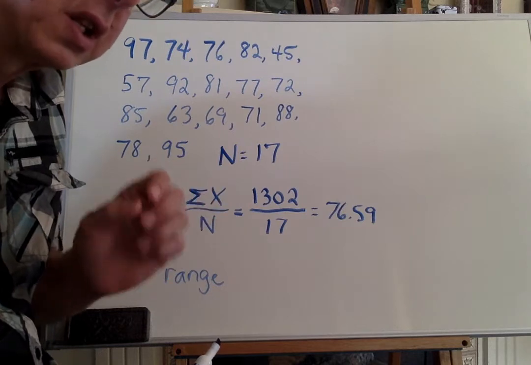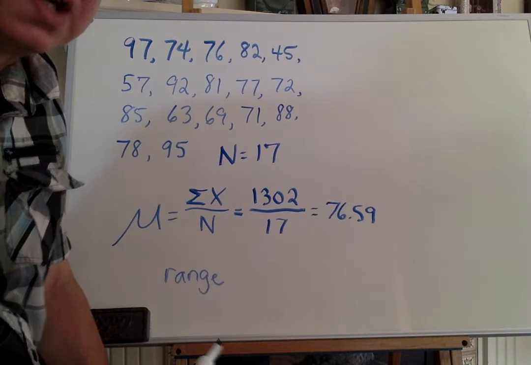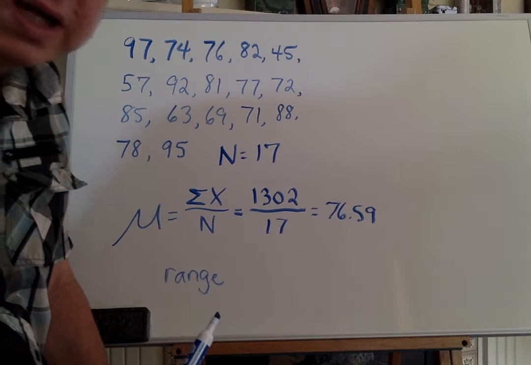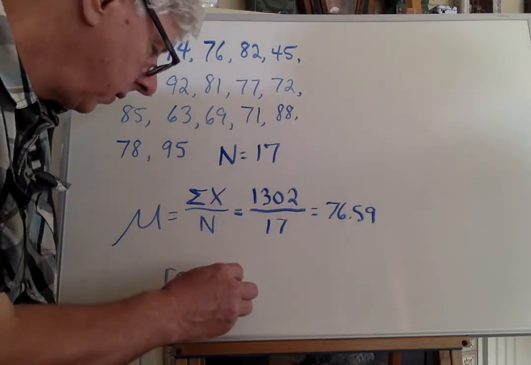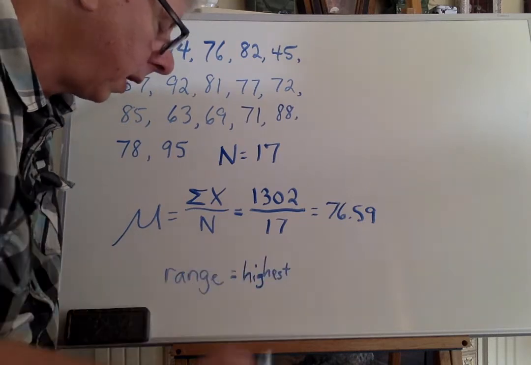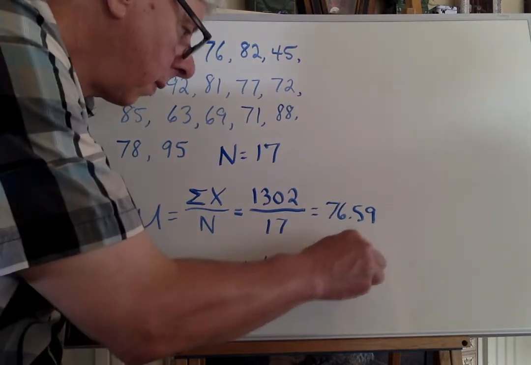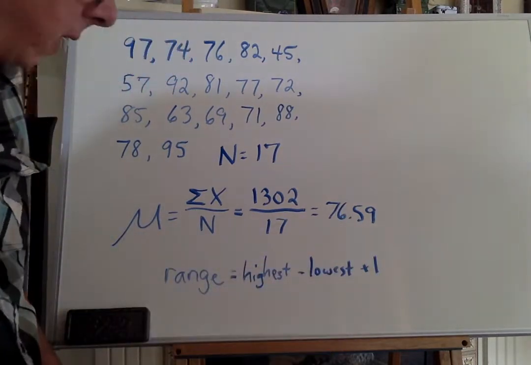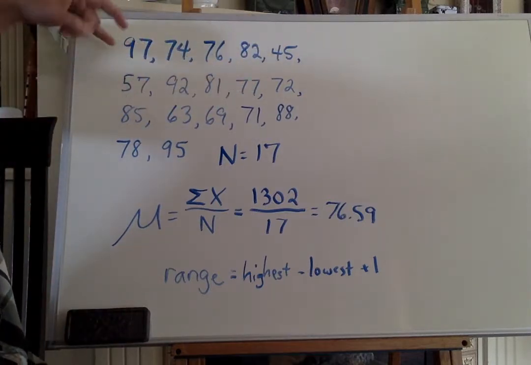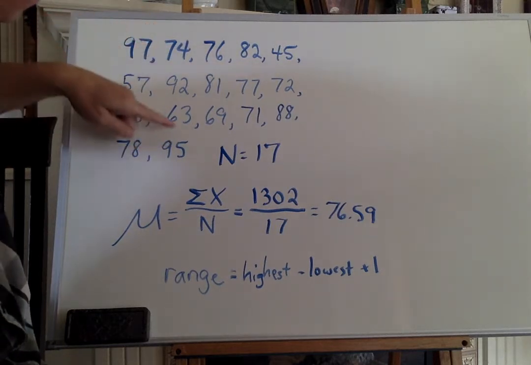In order for us to know a little bit more about what this value tells us, we can get the range, okay? Everybody remember what the range formula is. That is, we're going to take the highest score, okay? We're going to subtract the lowest score. We're going to add 1, okay? So the highest score here, looks like 97 is the highest.